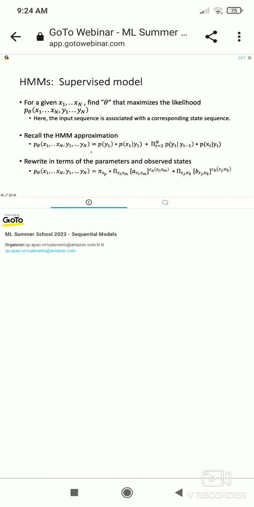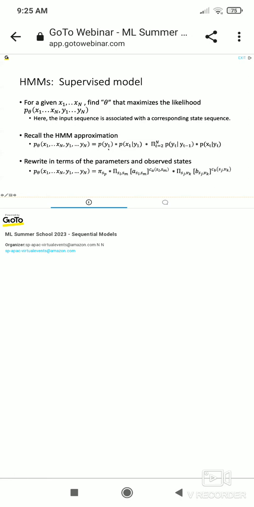Recall that the joint distribution is expressed by factorizing it in terms of the initial probability, the transition probabilities, and then the emission probabilities. Since the labeled data is available, we can rewrite this expression in terms of model parameters.